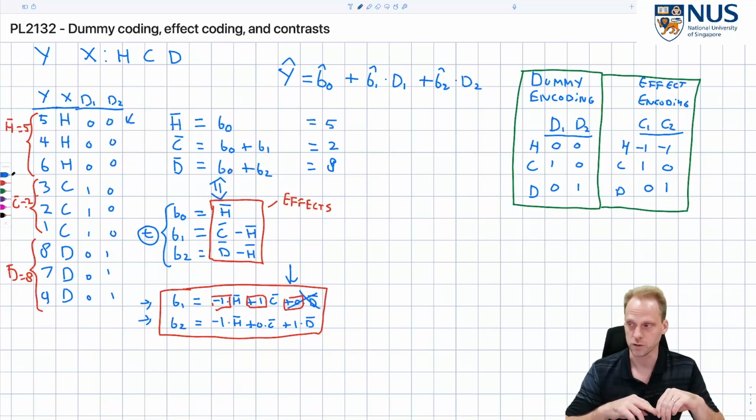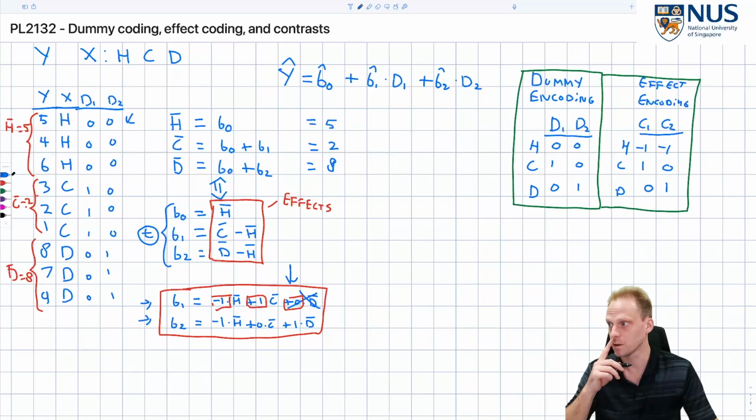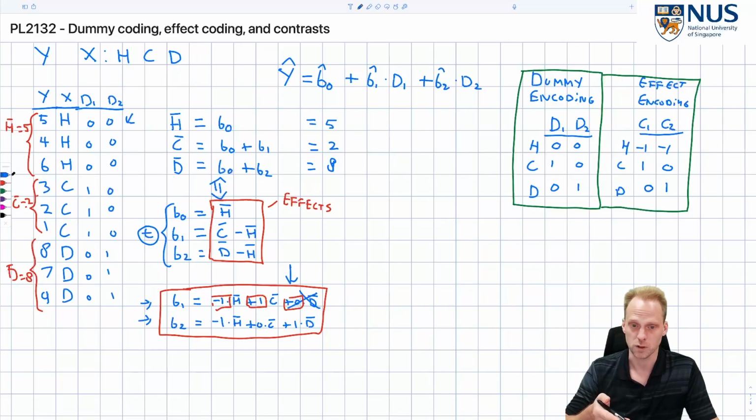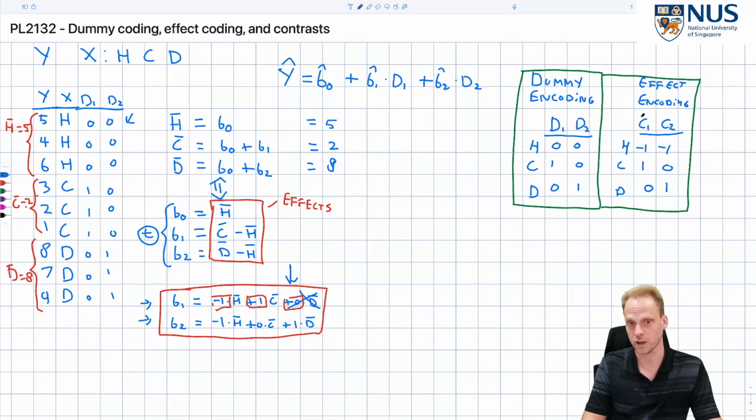For cats, the first one is 1, and for dogs, the second one is 1. But those dummy variables are encoding these effects. Now, the nice thing is that I can specify these effects and tell JASP, okay, I'm interested in these effects. I don't care how you specify the dummy variables, just make sure that I get these effects of interest, so I get the t-values of interest. And that's actually what's happening here. So it's not the case that if you use effect coding, these dummies are actually different. The dummies are the same.